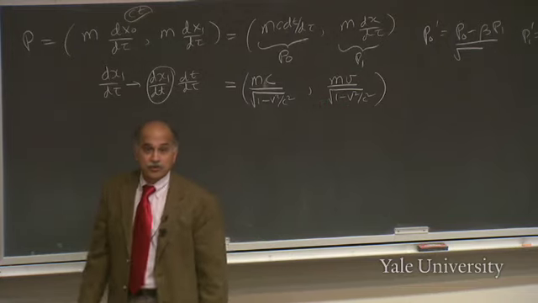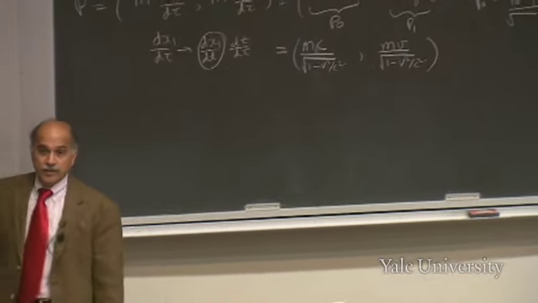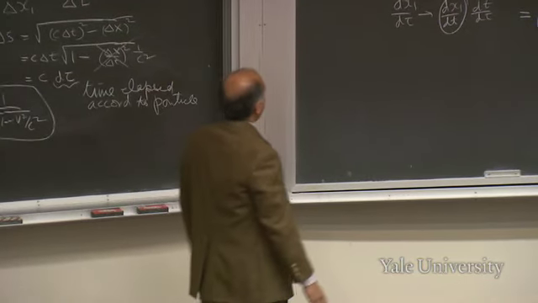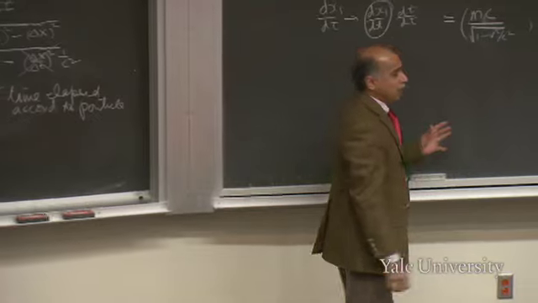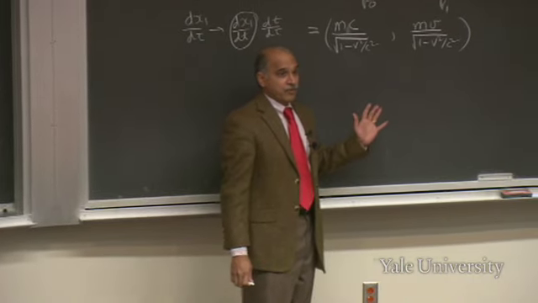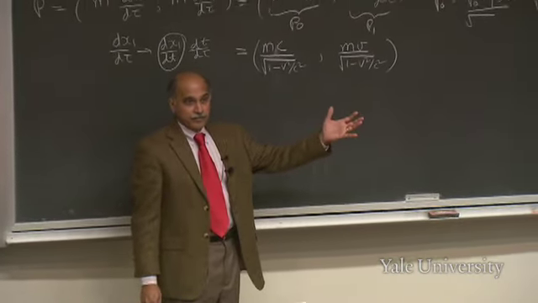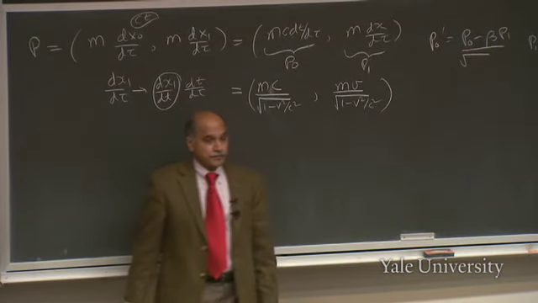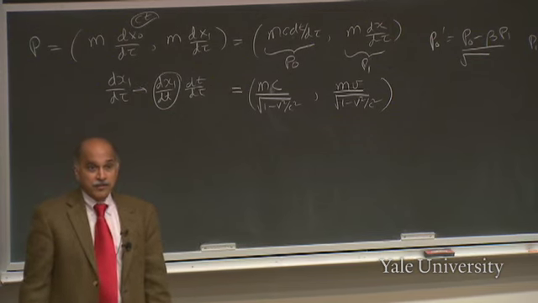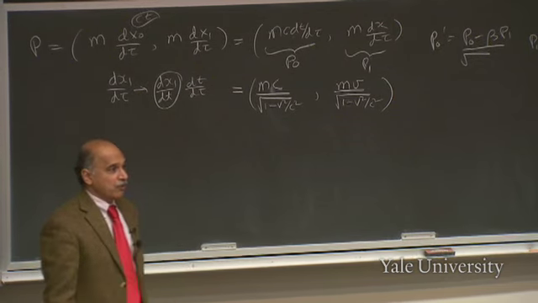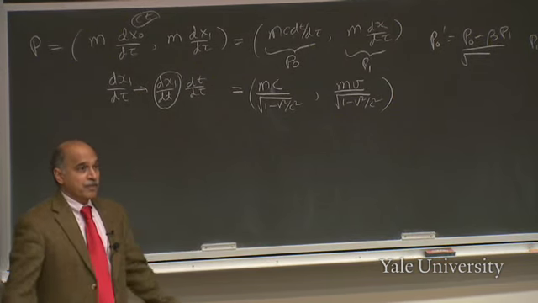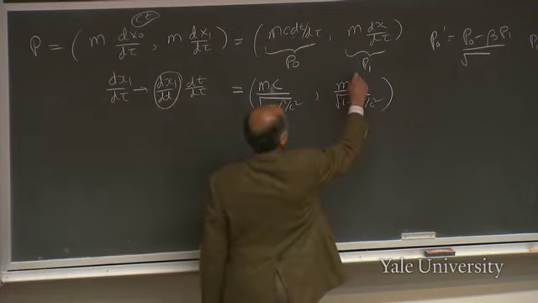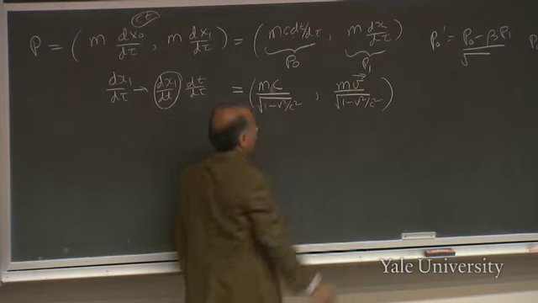That's the ratio of the τ derivative to the t derivative. So now I have a 4-vector. I still don't know what it means, but at least it is written in terms of things which have direct operational significance for me. I see a particle moving. It's got a velocity. Put that in, and I get this thing. Apparently, the relativity theory says this should play the role of momentum, but a 4-dimensional momentum in your new world. If you want to bring the other components, we will put an arrow. We can keep it or leave it. Doesn't matter.